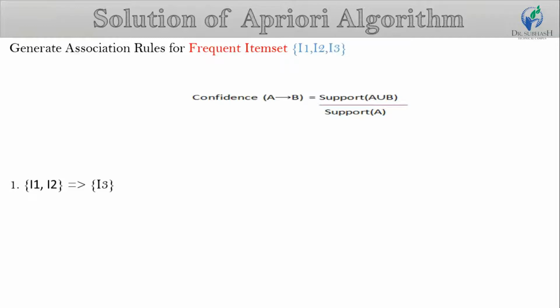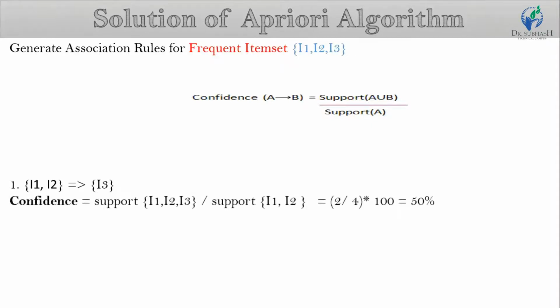Now see the equation. In this equation, A is I1, I2 and B is I3. Now put those values in this equation. So confidence is equal to support of I1, I2, I3 divided by support of I1, I2.